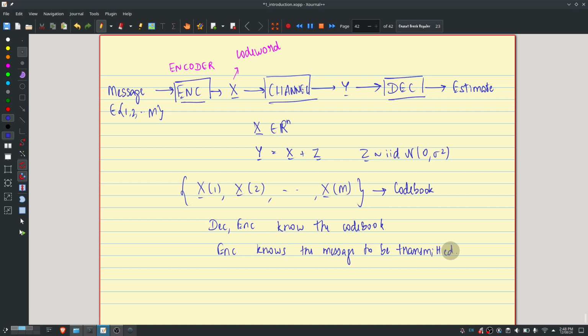All right, does this make sense? Great. So what the receiver gets is X plus some noise, and from Y you want to be able to find out which of these code words was transmitted.